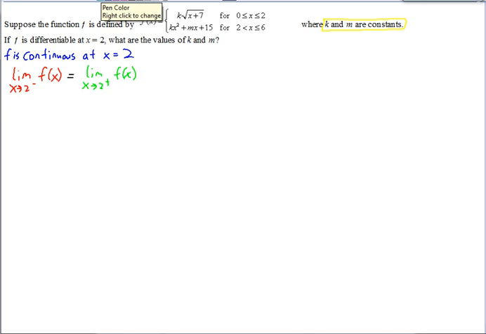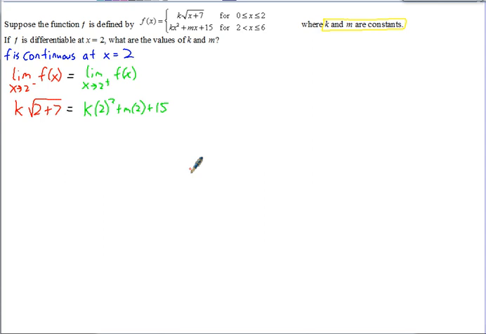From the left, you'd use the top piece, that'd be k, we're just plugging in 2 for x, not for k, times the square root of 2 plus 7, equals the limit as x approaches 2 from the right, you'd use the bottom piece, that'd be k times 2 squared plus m times 2 plus 15.